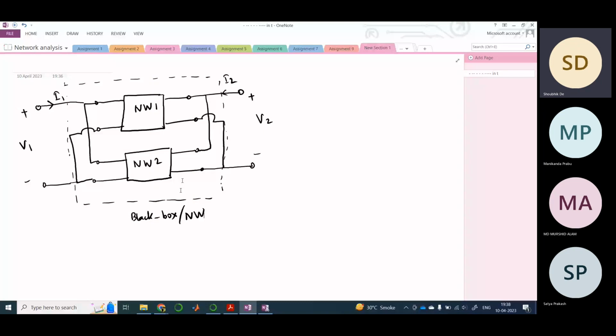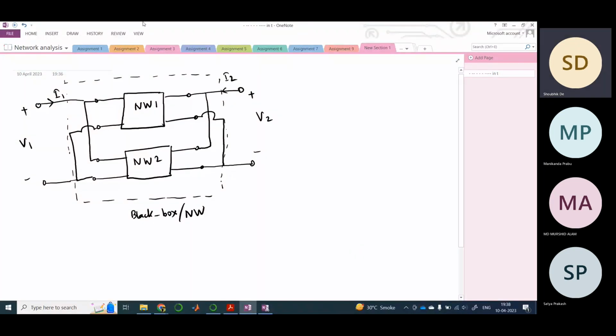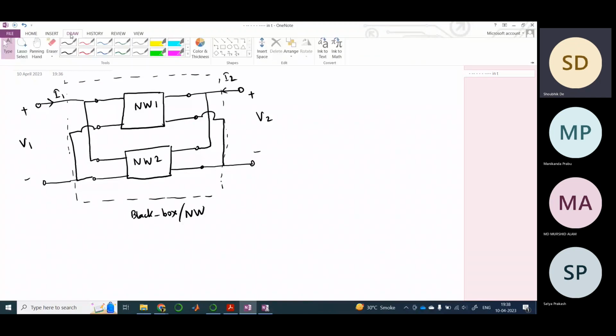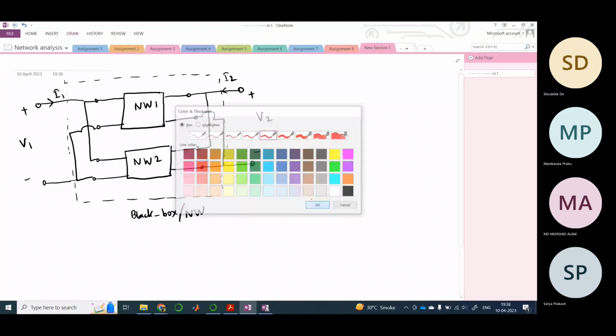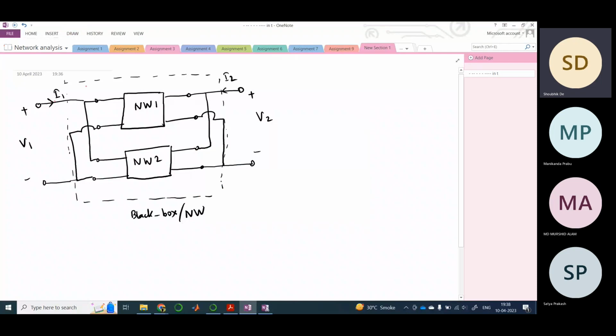So here, let me use a different color. Let us say that this I1 is getting divided into two currents here. So let us say this is I1 dash, and this is I1 double dash. In the same way, I2 dash and I2 double dash.